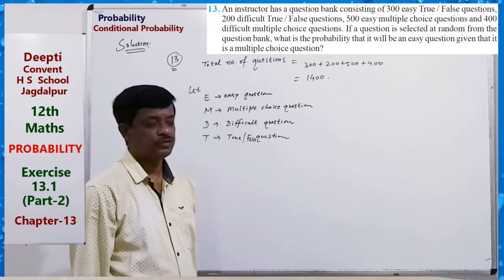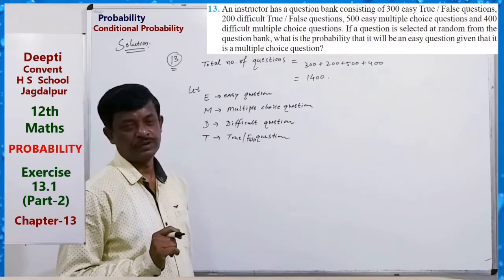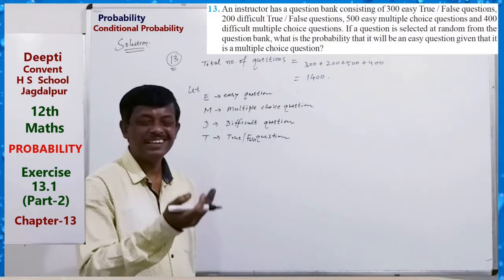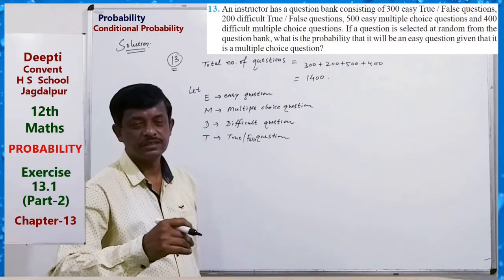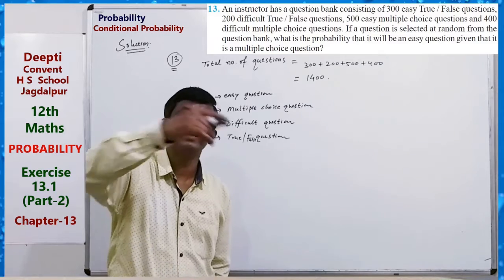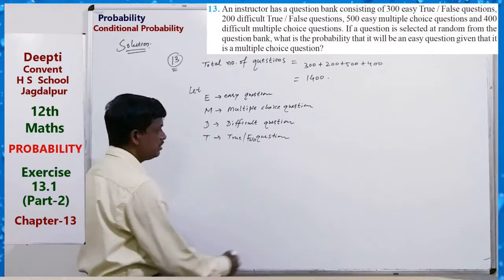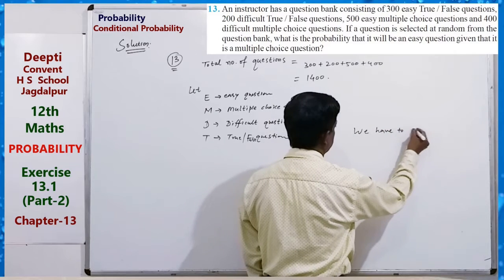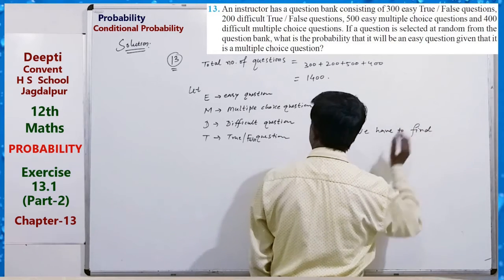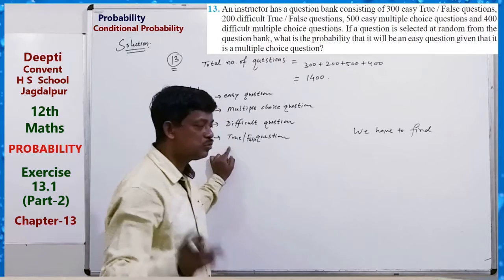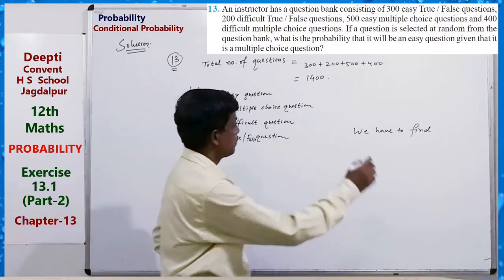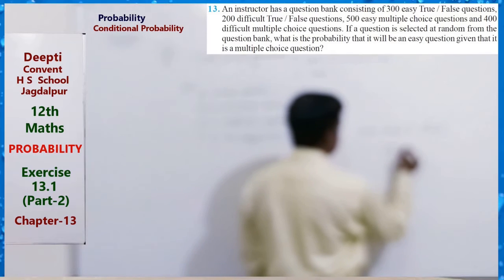Okay. So we have to find the probability of getting an easy question given that it is a multiple choice question. That is P(E by M). Just we have to find P(E by M).